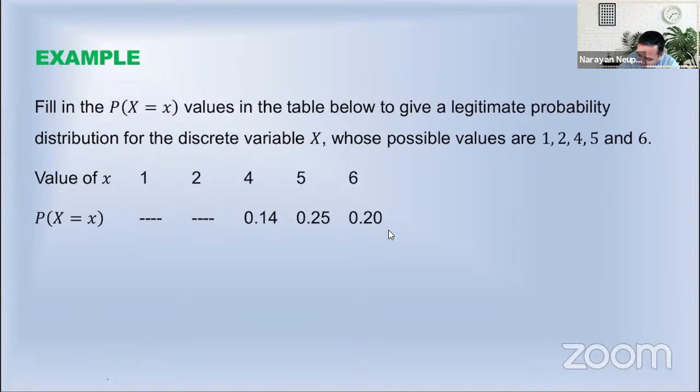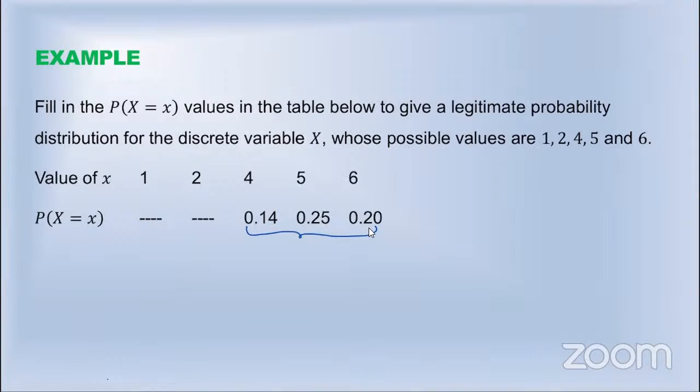But tell me, if we add the last 3 probabilities here, what will be the total? You can add using your calculator. 0.14 plus 0.25 plus 0.20. What is the total? 0.59.